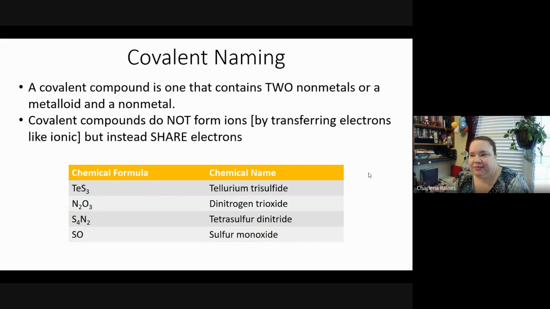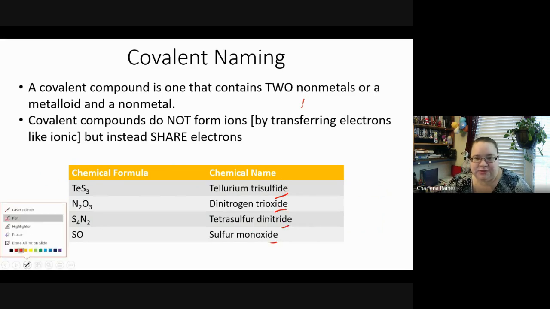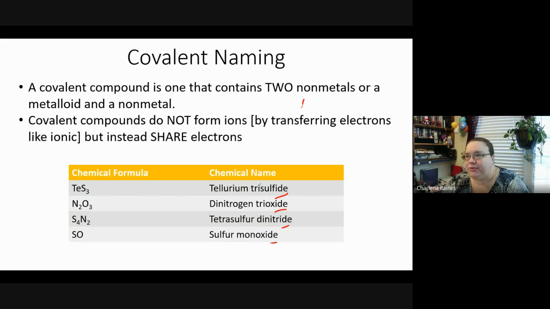So when we look at the names and the formulas, I want you to notice that all of the names end in IDE. This is similar to our binary ionic compounds, where if we had two uppercase letters, that last name ended in an IDE. The thing that is different is we have added these prefixes, these things that indicate numbers.